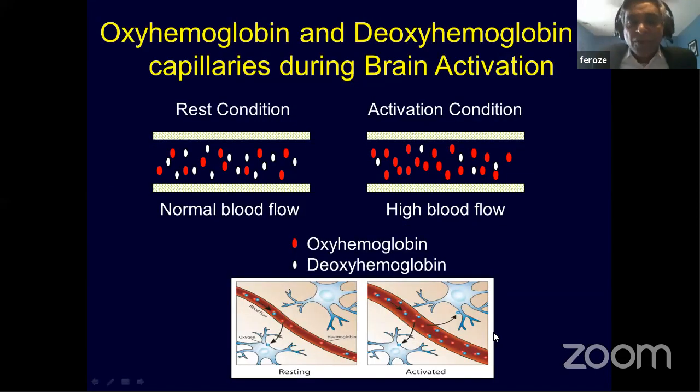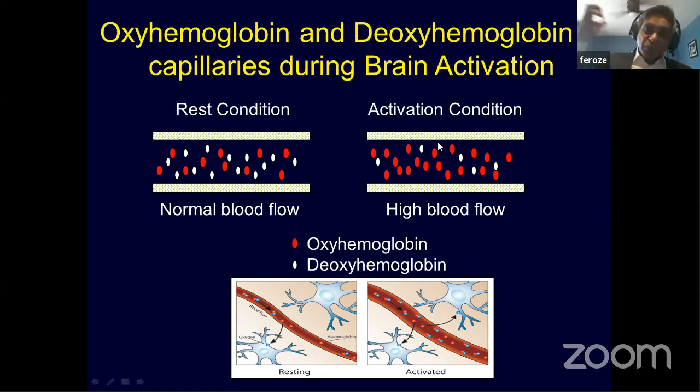So here is a cartoon that shows that, when it was discovered, you need to have a relative measure. On the left side is your rest condition, meaning I'm asking you not to move your right hand. You would see normative blood flow, with an equal number of oxyhemoglobin, in red, and deoxyhemoglobin, in white.